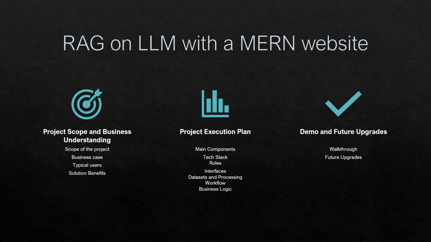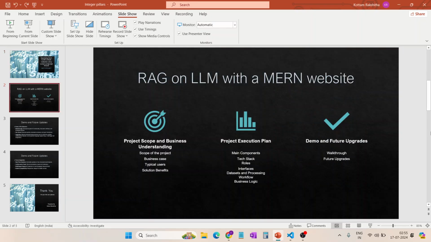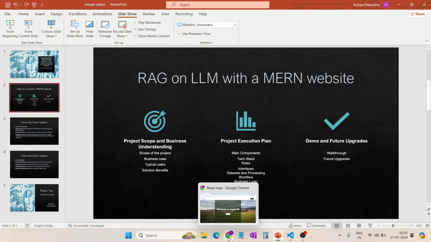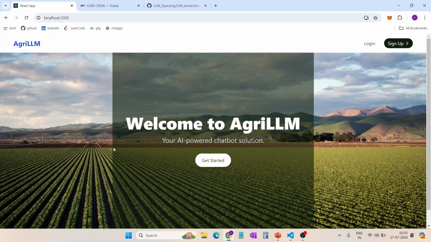Welcome to today's presentation, where we'll showcase an innovative solution addressing the challenges of efficient document retrieval and multilingual querying in context of agricultural research. Our project harnesses the power of advanced language models and modern web technologies to create a seamless user experience.